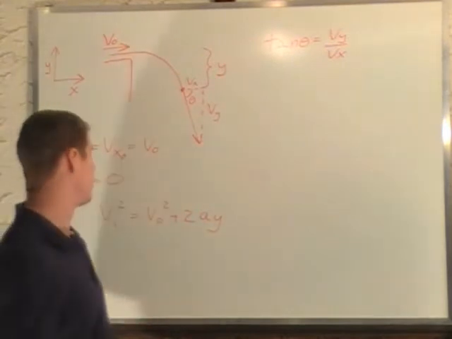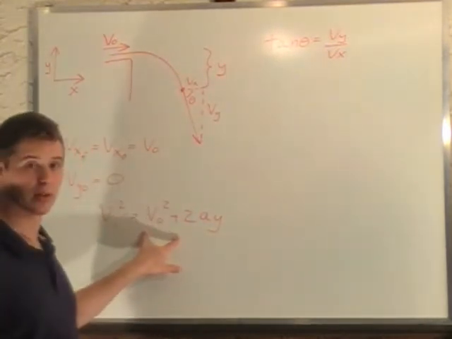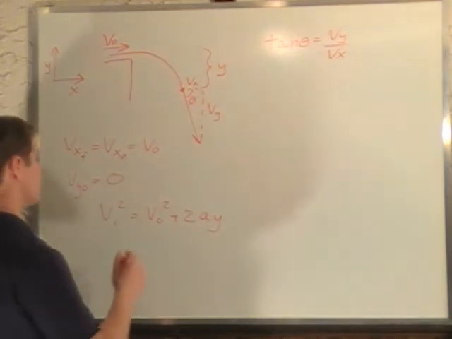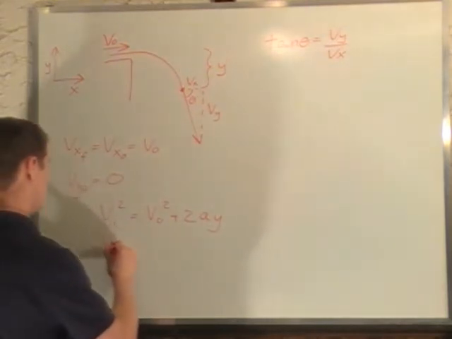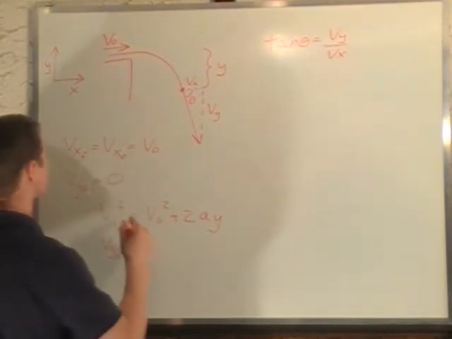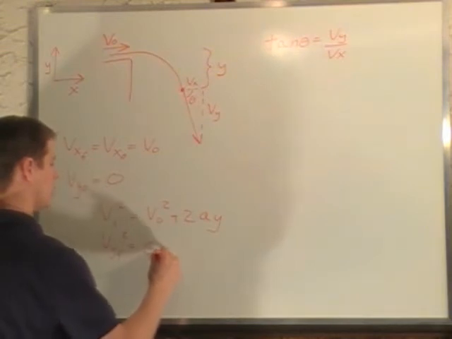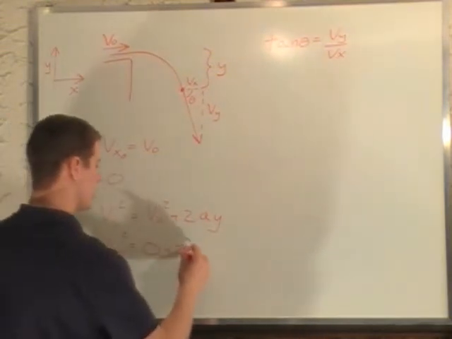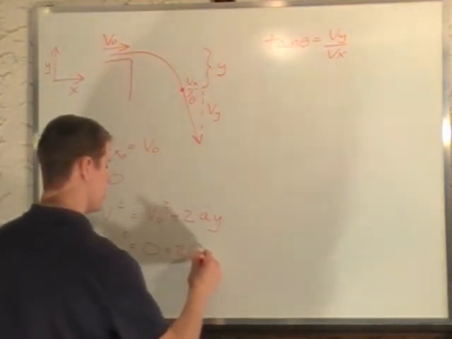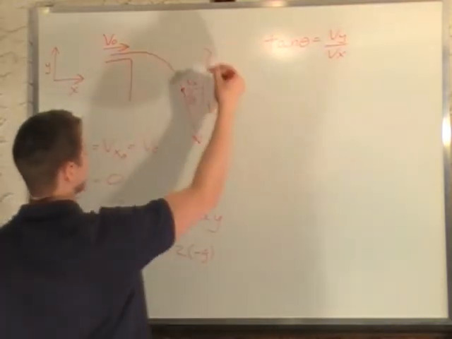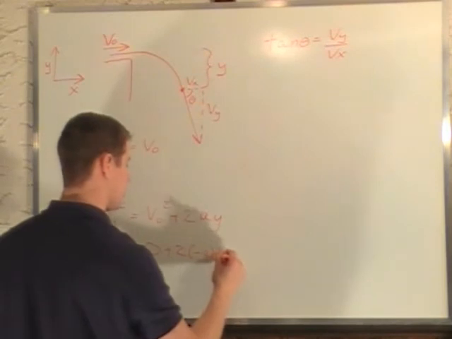So why don't we determine Vy from this formula? This is our final Vy. So we'll say Vy final squared equals our v initial squared, which is just 0, plus 2 times the acceleration, which is the acceleration due to gravity, minus g. The distance y is downward, so that's negative y.